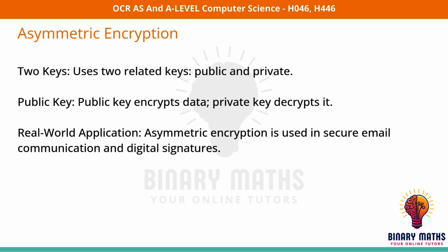This method ensures that even if the public key is intercepted, the data remains secure. Asymmetric encryption is used in secure email communication and digital signatures. For example, the RSA algorithm is widely used to secure data transmitted over the internet.